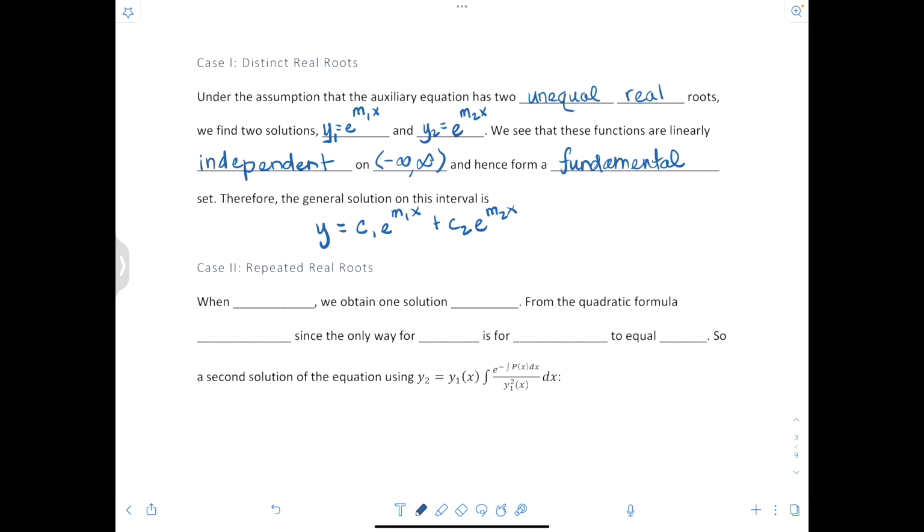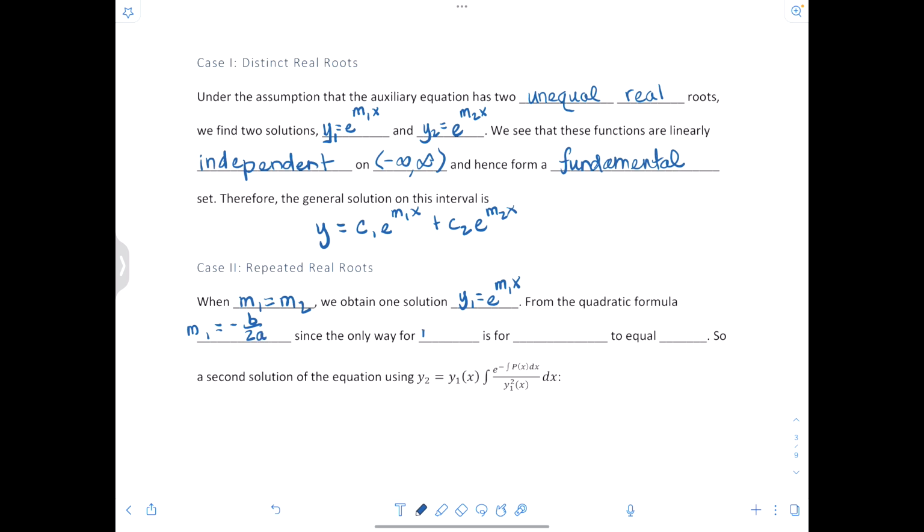All right, now repeated real roots. So when m1 equals m2, we obtain one solution. So call it y1 equals e to the m1 times x. From the quadratic formula, m1 has to equal negative b over 2a because the discriminant is 0, right?